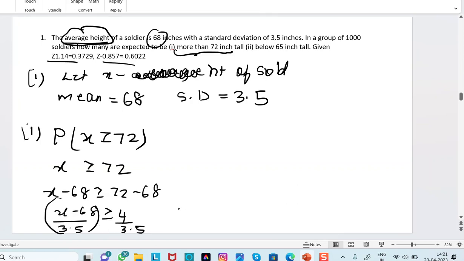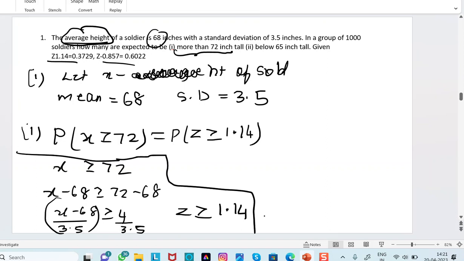We get z more than or equal to 4 divided by 3.5, which is 1.14. So this is nothing but P of z more than or equal to 1.14. So we have converted x to z using this working.